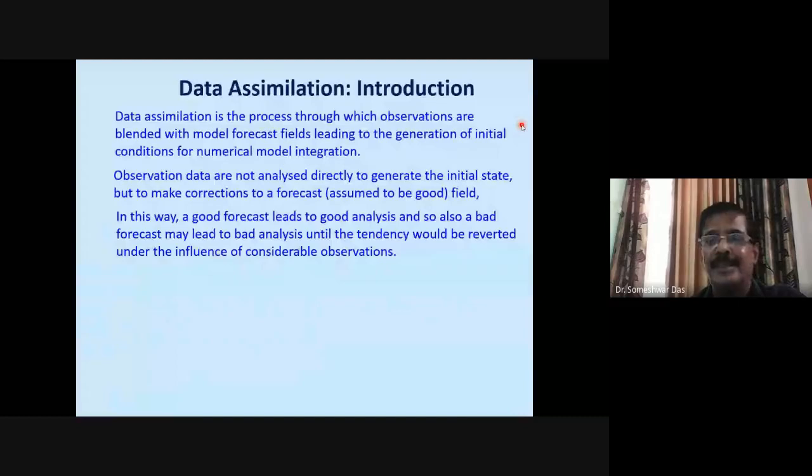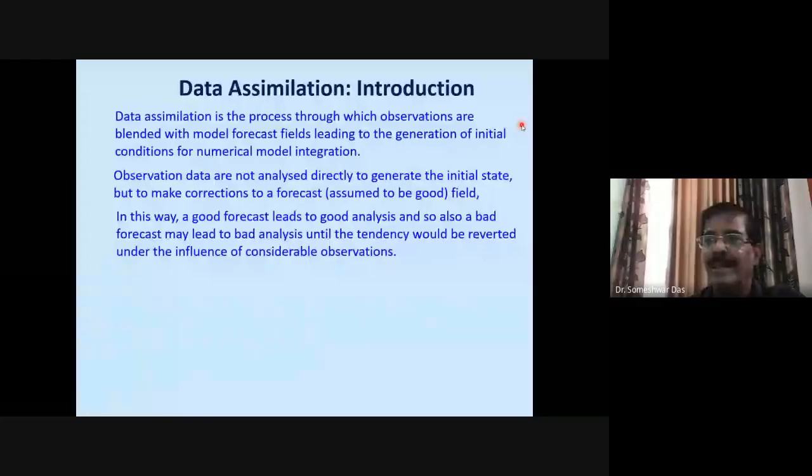So if a bad observation has entered your system at some point of time, anyway, your cycle will continue. Your simulation system will continue every 6 hourly, depending upon your cycling time. And after 6 hours, you will get a new set of observations, which may be good.